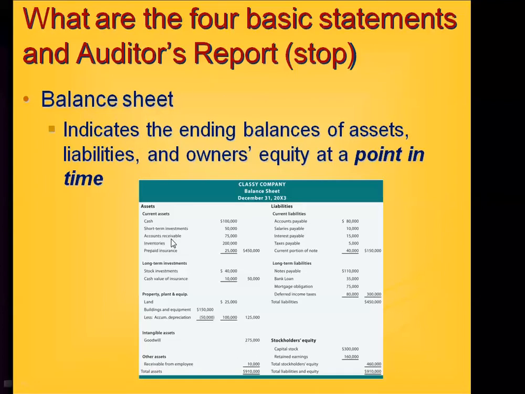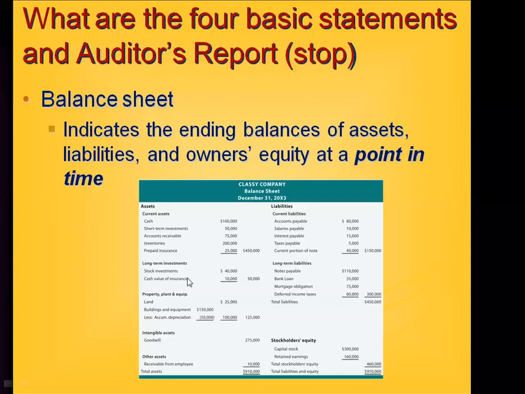It's like an IOU. Inventories is considered a current asset. Inventories would be your merchandise or products that you have stored to be sold, and then prepaid insurance, which basically means you've made a payment in advance for some insurance.